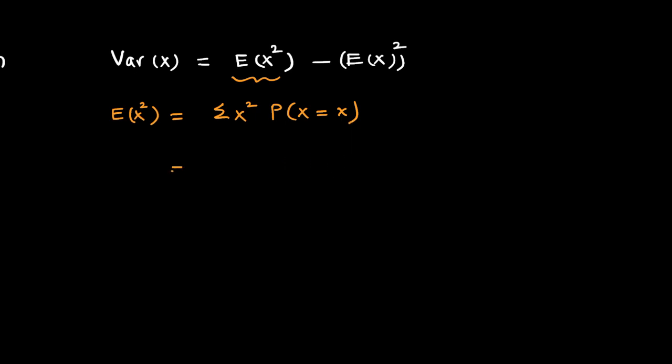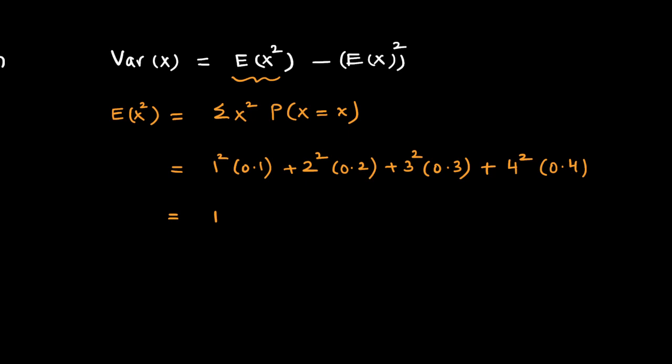So let's get started. 1 square into 0.1, 2 square into 0.2, 3 square into 0.3, and similarly we have 4 square into 0.4. So this is 1 into 0.1, which is 0.1. This is 4 into 0.2, which is 0.8.